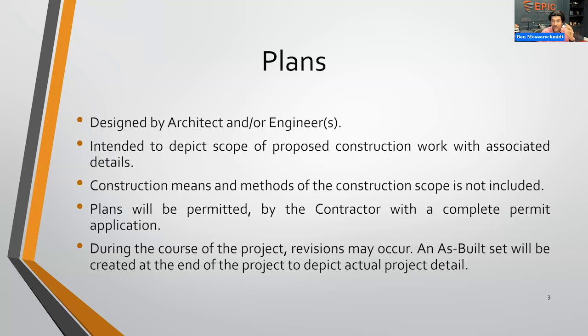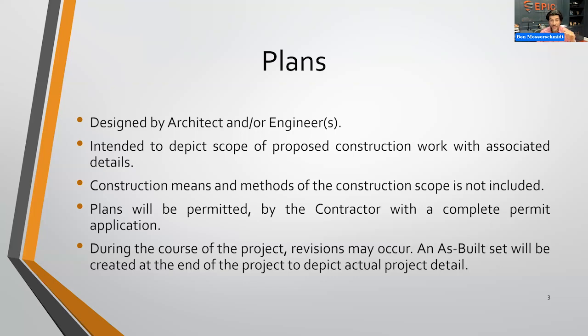If you think about a bid set, it is there to give you an intended design. Okay, so this is my vision, so to speak, of what I would like to happen. I want to do a full-scale removal and replacement of your waterproofing and put it back on. That's generally what has to get done there.